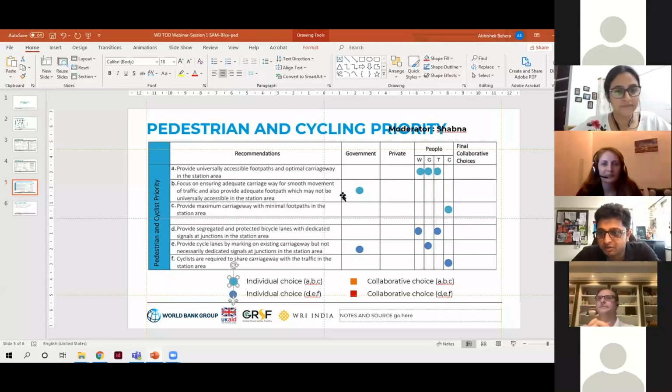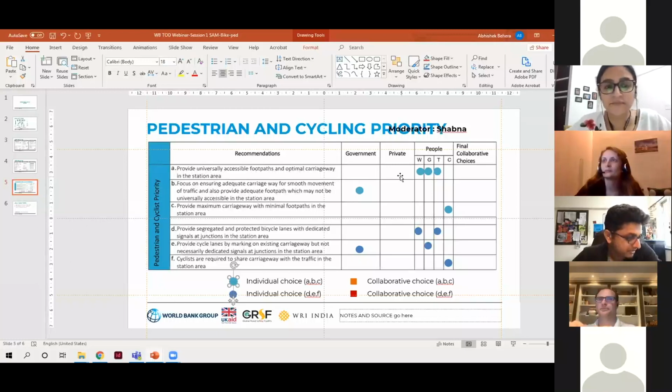Whatever decision you take will be for those users in the city. So we are in a cabinet meeting now, and if each one of you wants to put forth your point for the government, please go ahead. We also need to take answers from the private developer. Which is Dhaval, if he is still around?